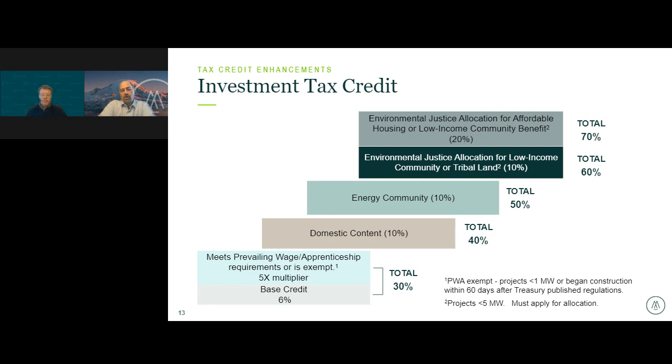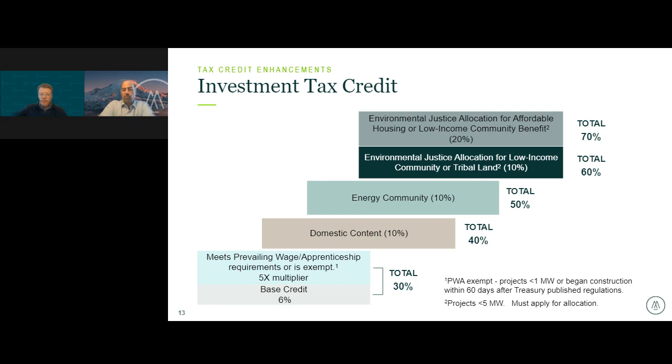And so you can quickly jump from a 6% credit to a 30% credit by meeting prevailing wage and apprenticeship, which is essentially, if you're in the government contracting space, you've probably heard of Davis-Bacon wage requirements. It's essentially paying the prevailing wage and meeting various apprenticeship requirements for the construction of your project, maintenance of your project as well.